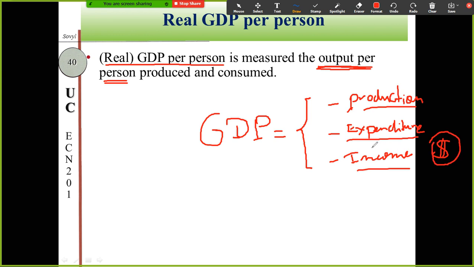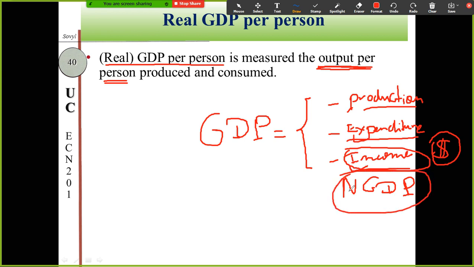That's why normally, when we're talking about GDP per person by using income or GDP by expenditure, we normally use nominal GDP. Why? Because nominal GDP uses current year prices.